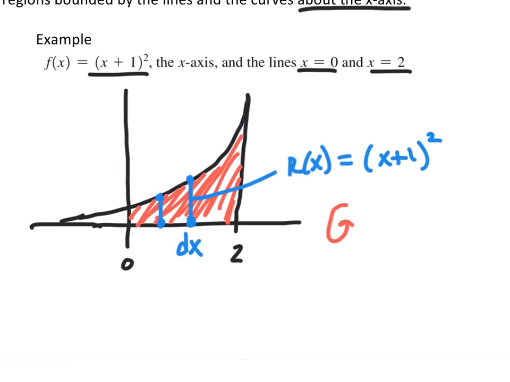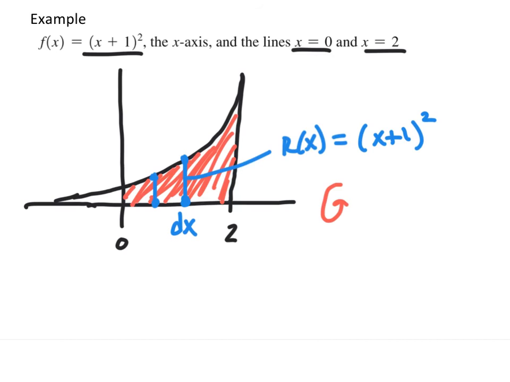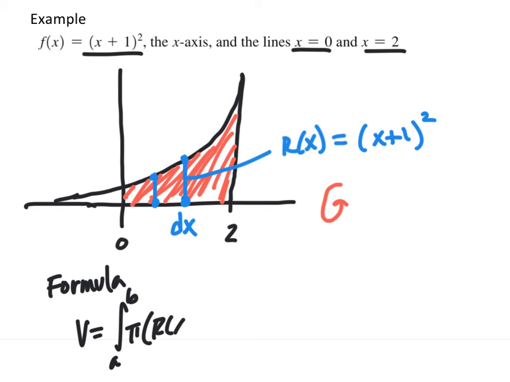So now, what I want to do is plug it into my formula. And remember our formula, just real quick: volume is equal to the integral from a to b of pi times r of x squared dx, okay?